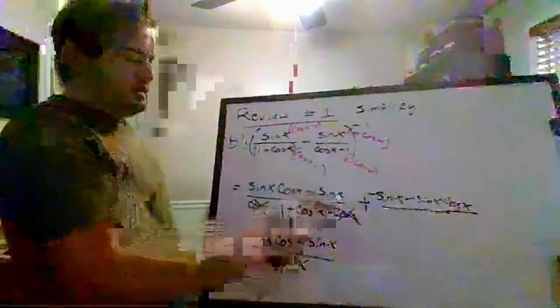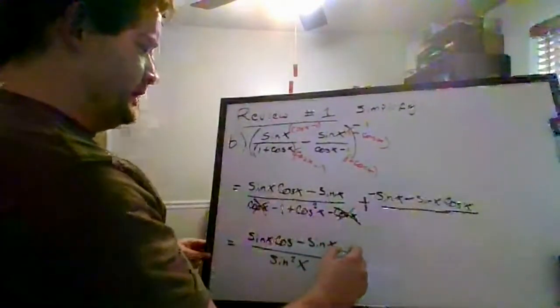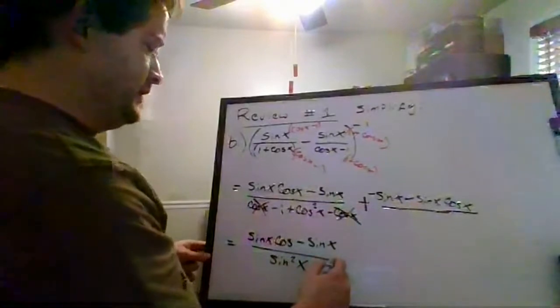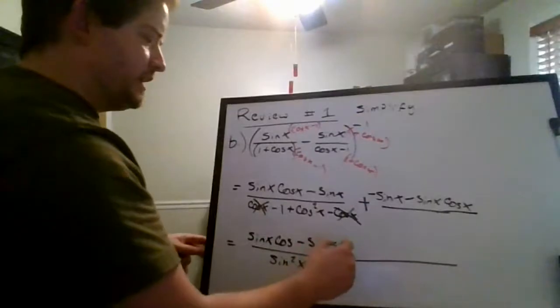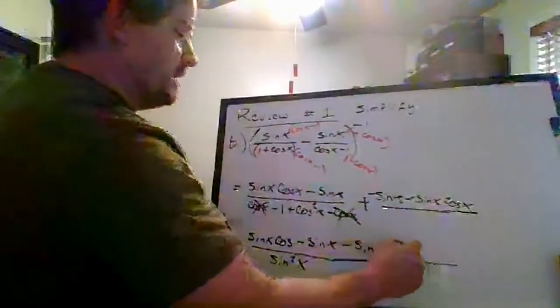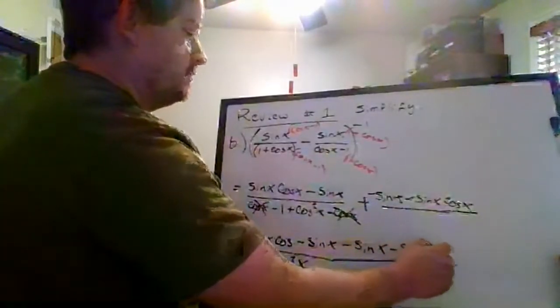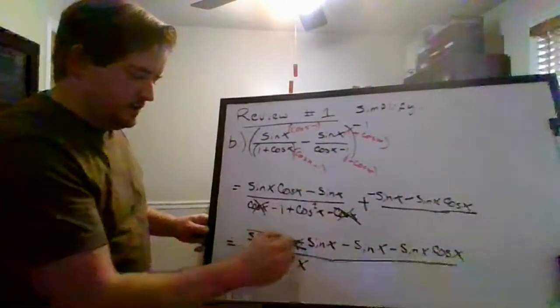And I have the same denominator, so it ends up just being that sine squared of x. I'm going to write this all over the same denominator, just minus sine x in the numerator, and then minus sine x cosine x. Okay. Those cancel each other out.